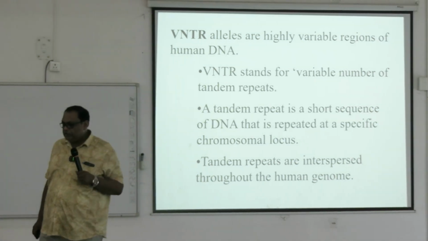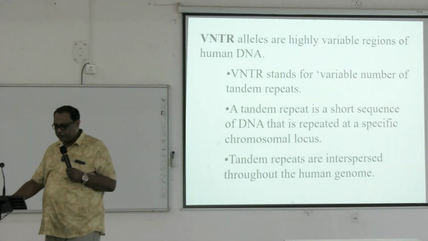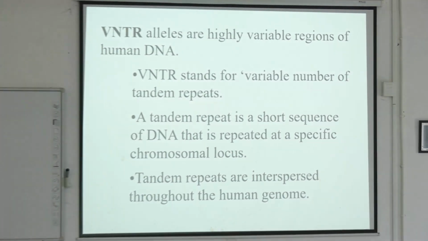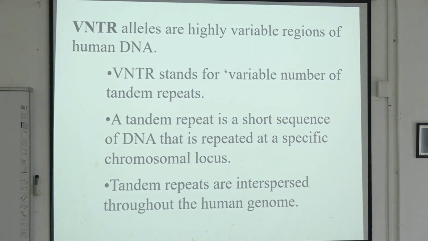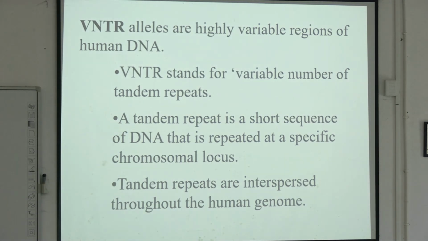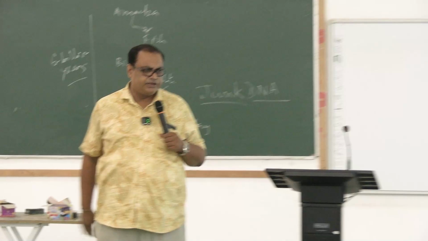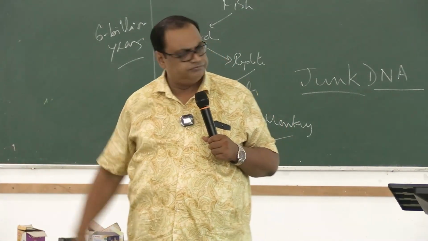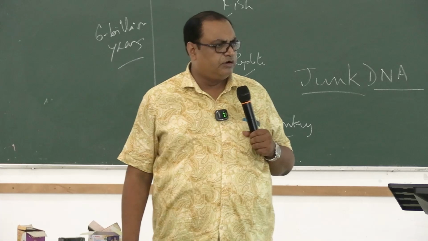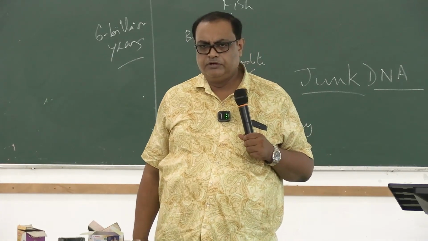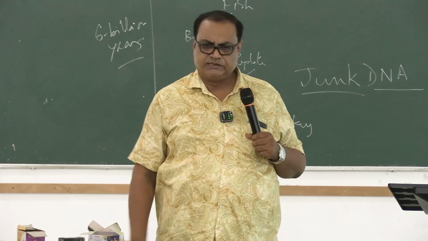Now, restriction fragment length polymorphism involves the use of restriction enzymes. These produce a huge number of fragments from a very long genome like the human genome, so it is very difficult to find very small differences.